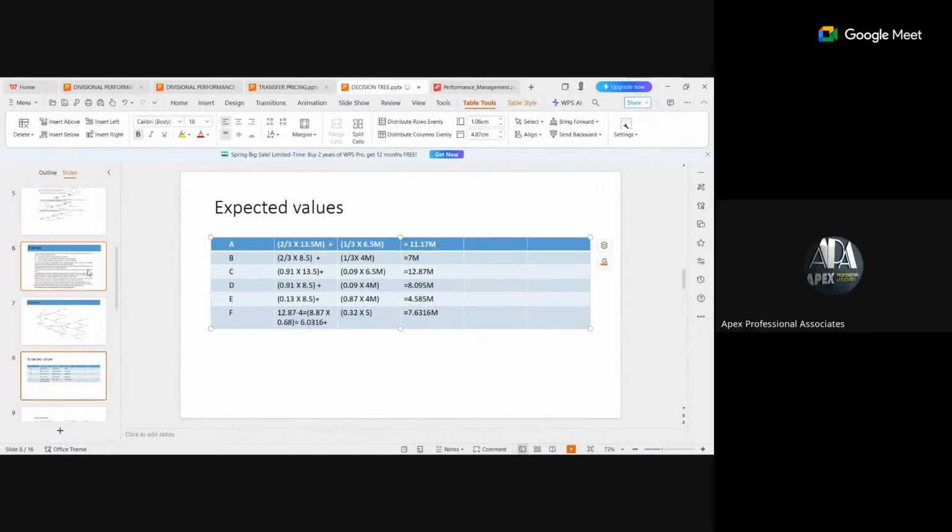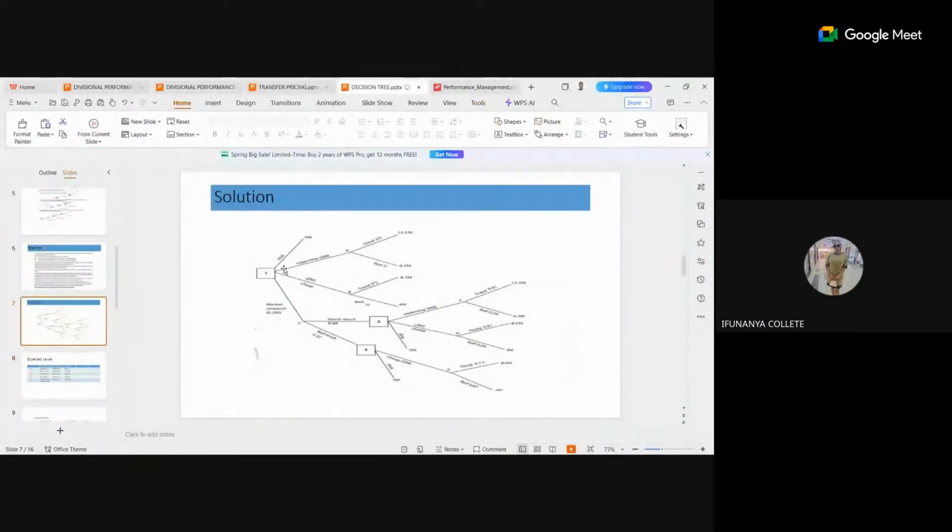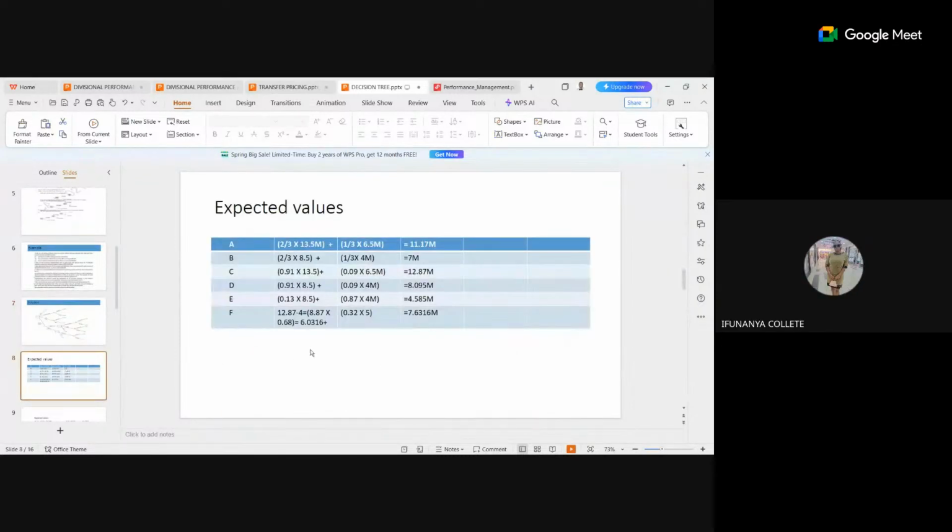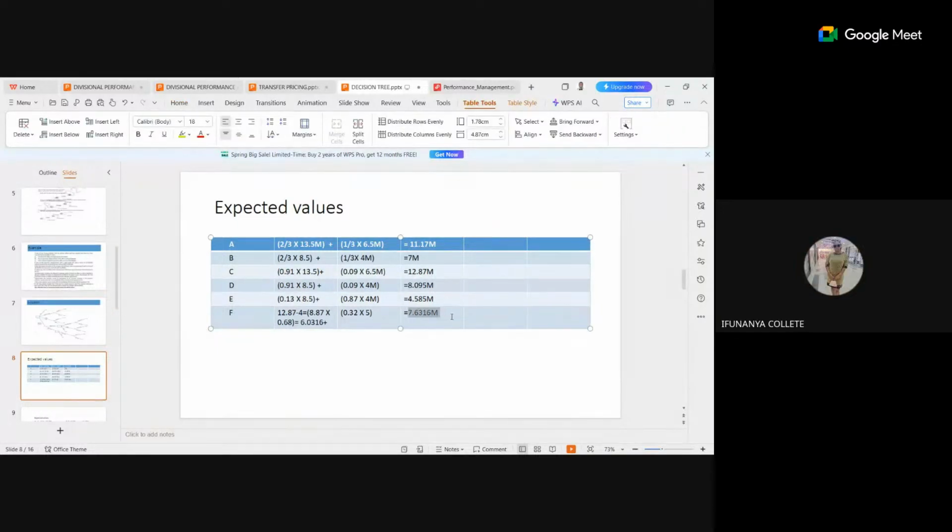How much did we incur for expensive? 4 million. Let me write this down. We need to compare something. So this 11.17 minus the cost we incur will give us 7.17 million.